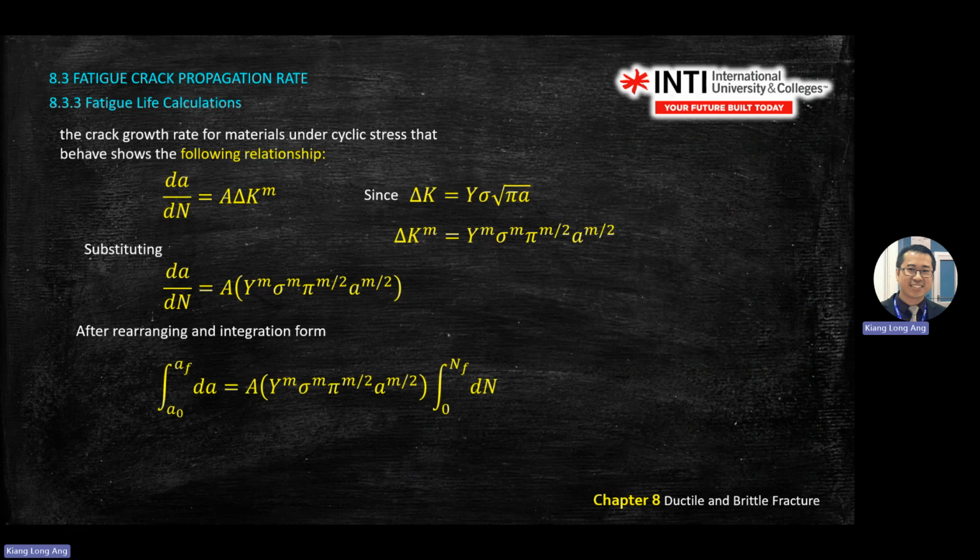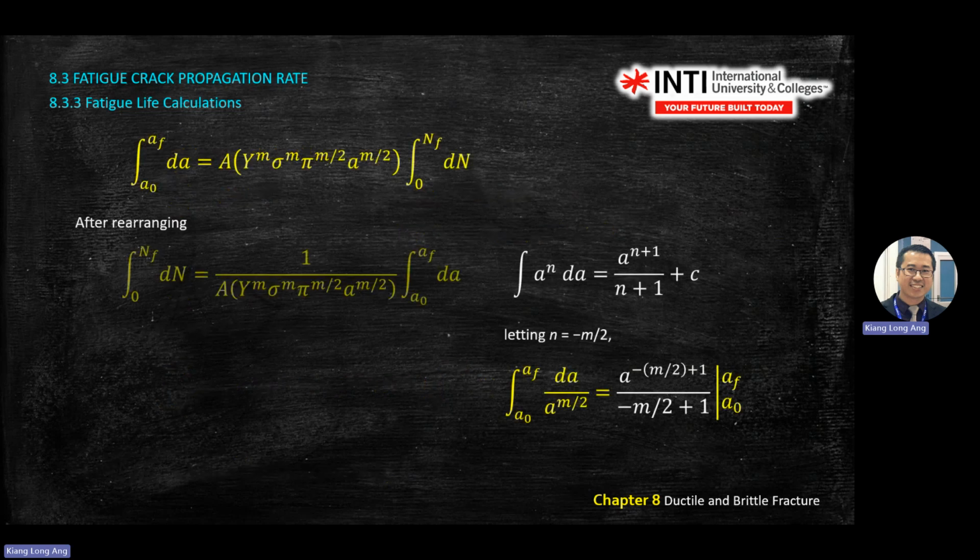You move dN to the right-hand side, so you have da equals something times dN. When we see da/dN, we add the integration sign to both sides, so it becomes an integration procedure, and the derivation continues.